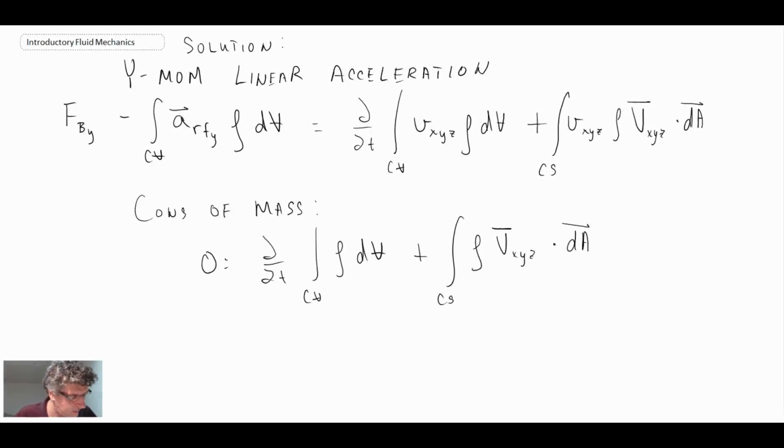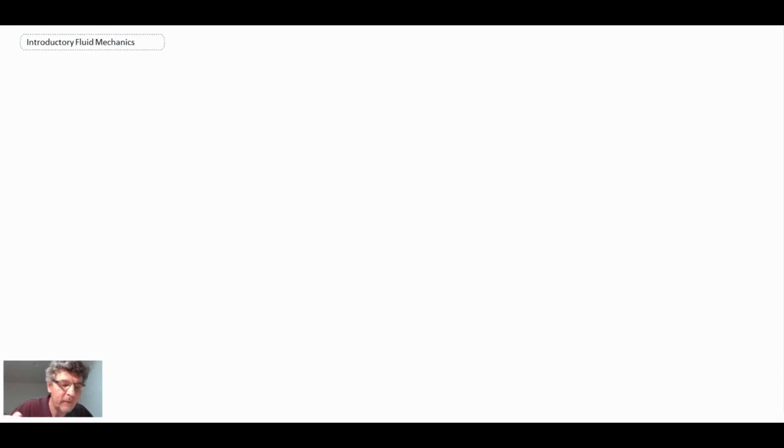Okay, so we're going to begin by looking at conservation of mass, and we'll work with that first, come up with an expression for the mass of the control volume, and then we'll go back to the y momentum equation.